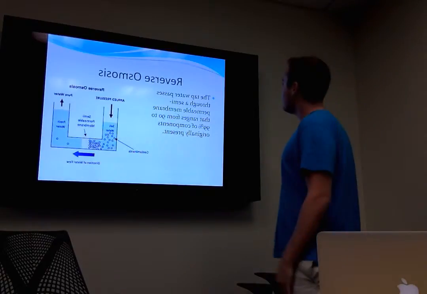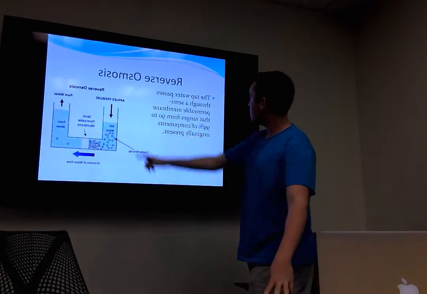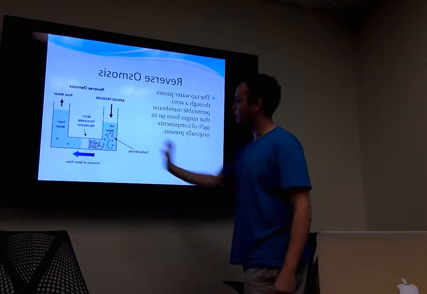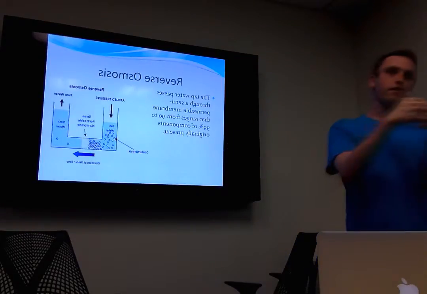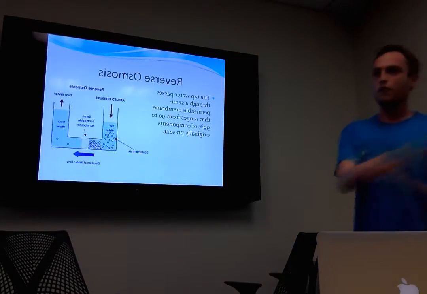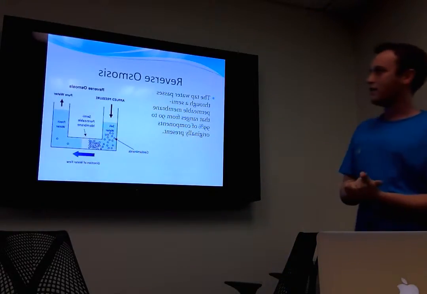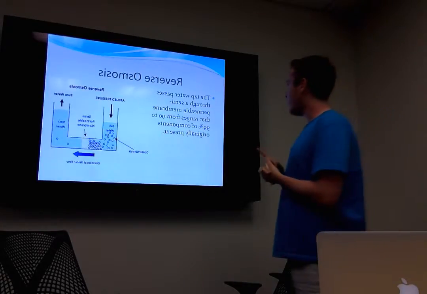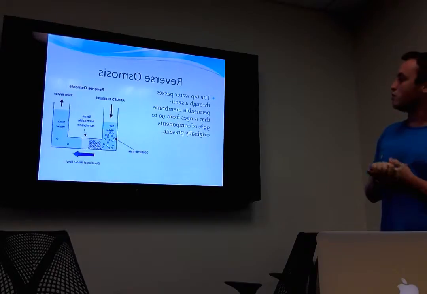Reverse osmosis. Reverse osmosis is when you take some tap water and you have a semi-permeable membrane and you apply pressure to make all the water flow through the membrane, because the membrane is constructed so that the particles, the contaminants, can't go through it, but the water can. It's a really good, clean, and pretty efficient way of producing clean water, because it removes up to 99% of the original components present.